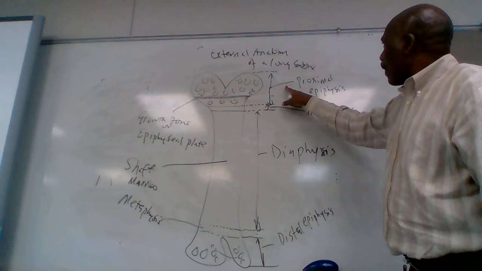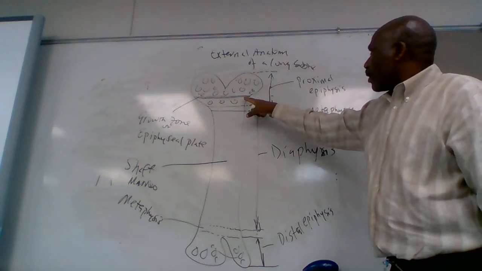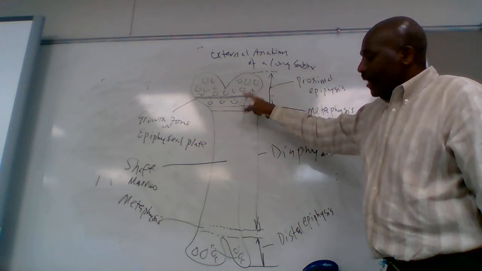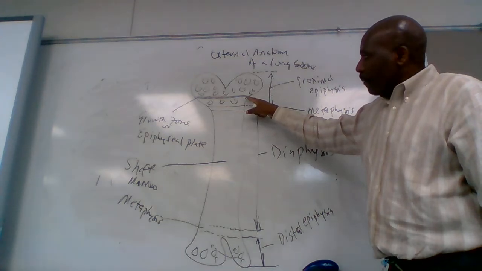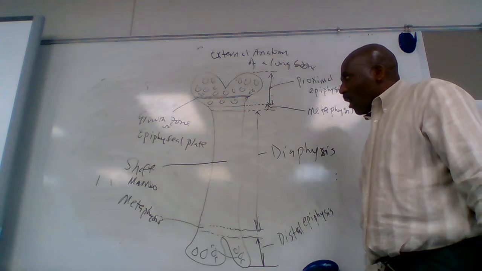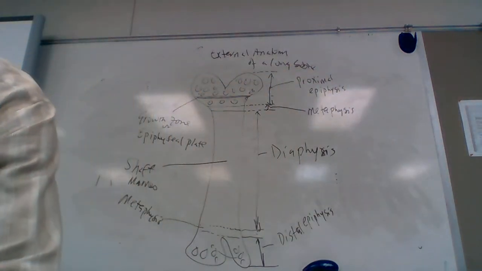We have the proximal epiphysis, which is superior. And then within the proximal epiphysis, we have the growth zone or the epiphyseal plate. This is where growth of the bone takes place. We'll talk about that. And then somewhere right in the middle here, we have the shaft, which is a cavity, and it contains the bone marrow.